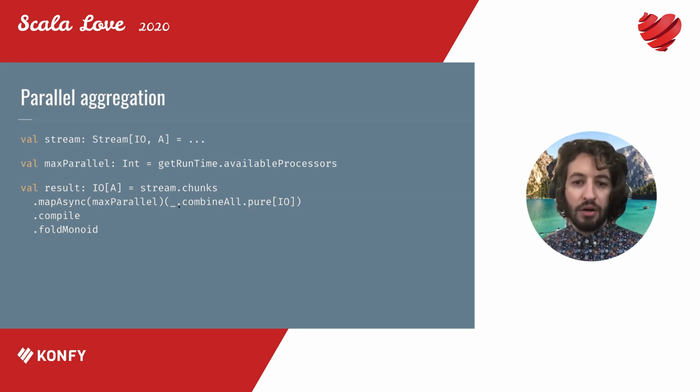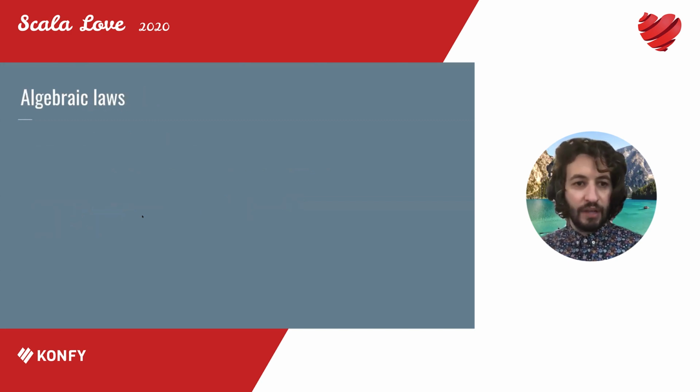So you use combine all on the chunk, return that in IO. And then this basically gives you a stream of A again. And then you compile and use this fold monoid, which basically takes a stream of A and returns an IO of A, where all of the A's were combined using the monoid of A. So yeah, this just works, and it's really nice.